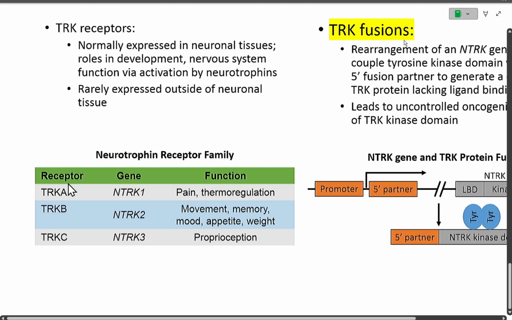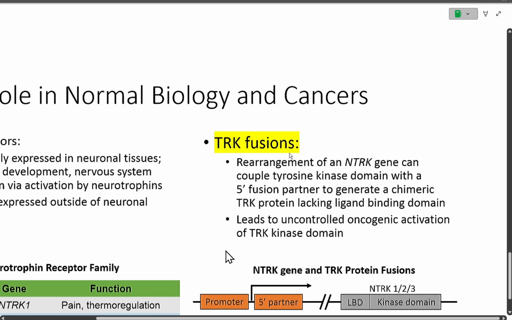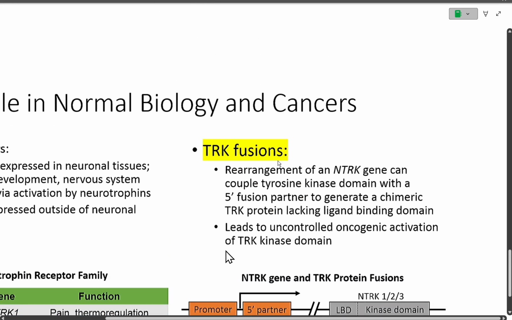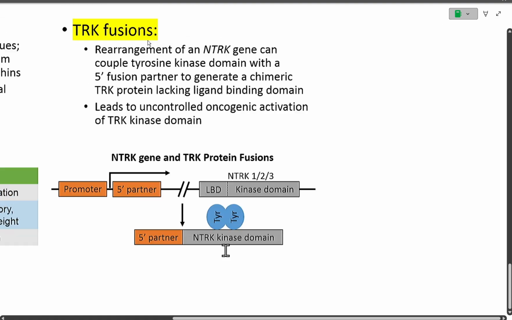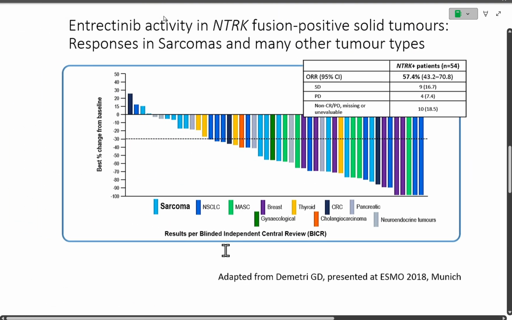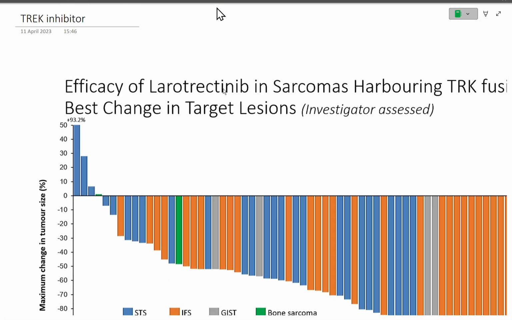There are three NTRK receptors, TRK A, B, and C. NTRK 1, 2, and 3 code for these TRK and neurotrophin. And then when you have NTRK fusions, you use NTRK inhibitors, larotrectinib, entrectinib. These are the TRK inhibitors.